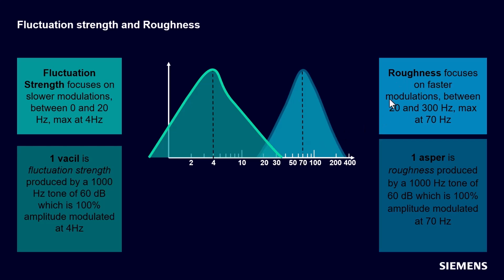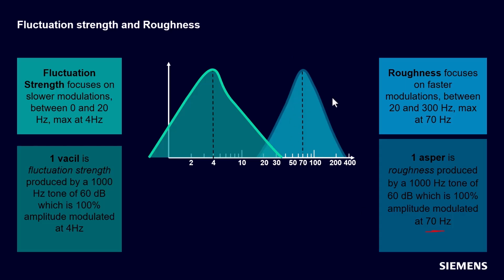Typically, roughness is used for somewhere between 20 and 300 hertz beat frequency, with that noticeable peak at 70 hertz. And because we like to make things a little more complicated in the sound quality world, instead of a vacil, which is at 4 hertz, an asper is the same reference tone, but at 70 hertz, because that's where it's really perceptible.